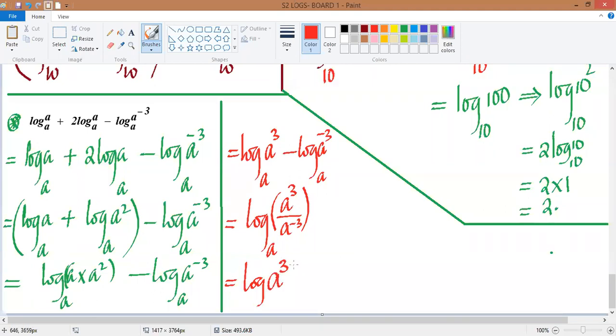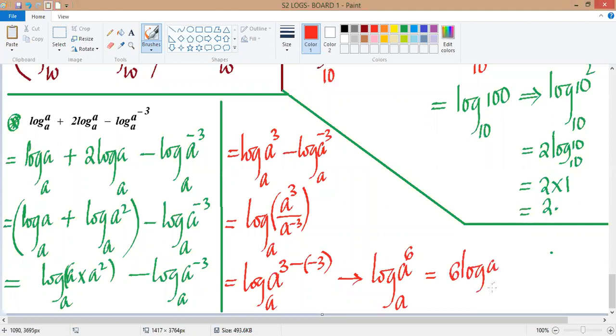So that will be log a to power 3 minus the -3 power in the denominator, which can be deduced as log of a to power 6 if someone is very careful, which you can write as 6 log a base a, and therefore that is automatically a 6 because a base a is 1.